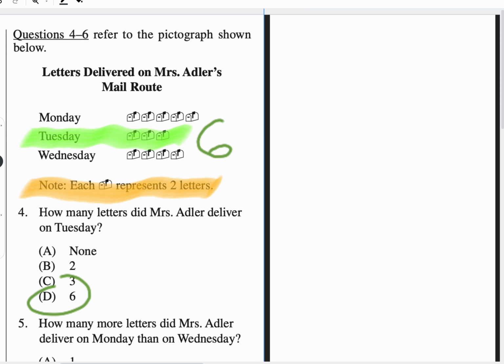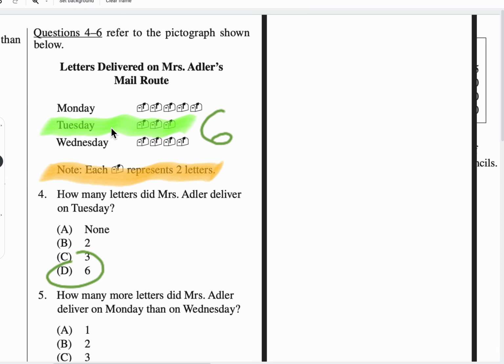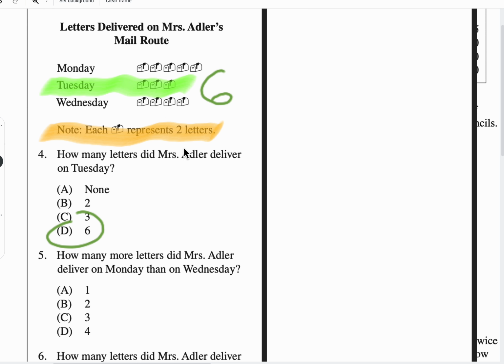Now let's try number 5. How many more letters did Mrs. Adler deliver on Monday than on Wednesday? We'll note again that each symbol represents 2 letters. On Monday, Mrs. Adler delivered 10 letters. 2, 4, 6, 8, 10.